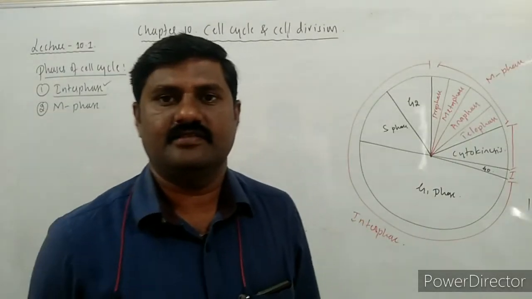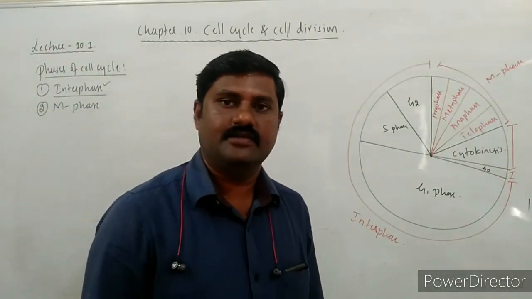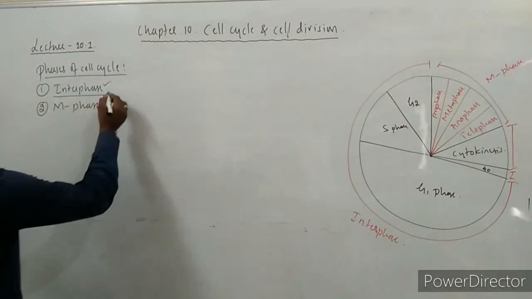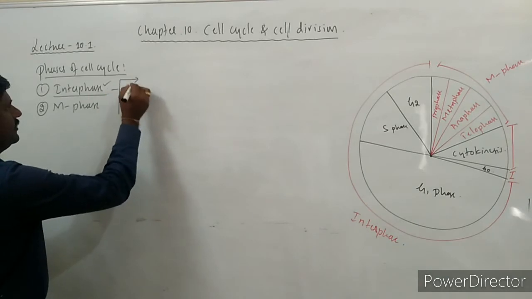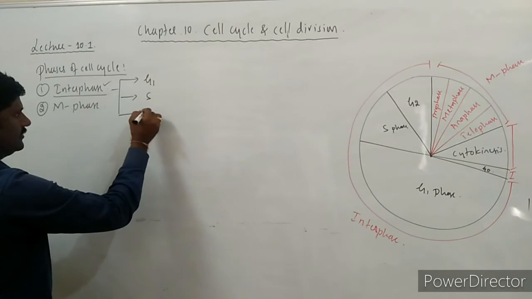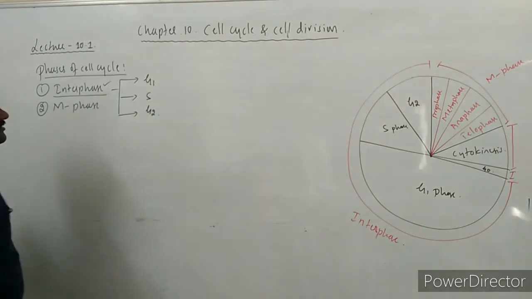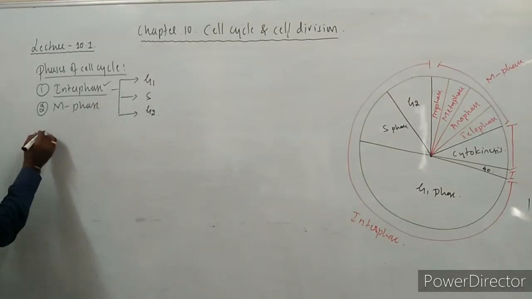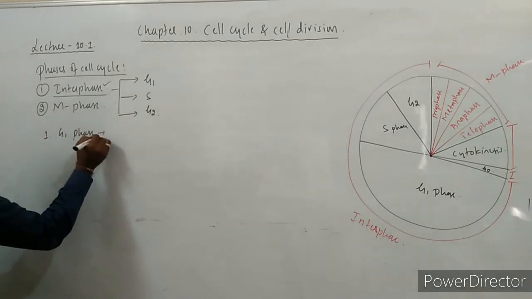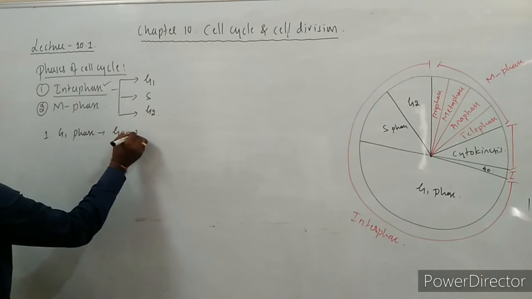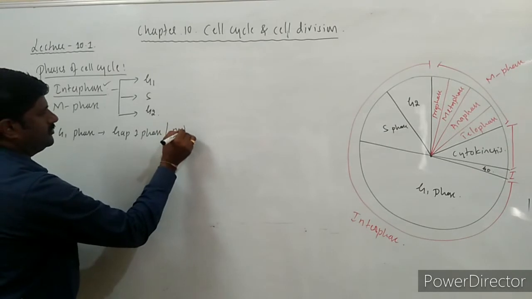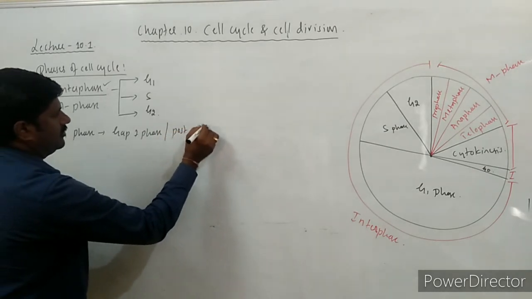In interphase, the first phase is G1 phase. Let us start with the G1 phase first. In interphase, there are 3 phases that we come across here: one is G1, the second one is S, and the third one is G2 phase. So let us start with the first one, that is G1 phase, or this is called gap 1 phase, or this is called post mitotic phase.